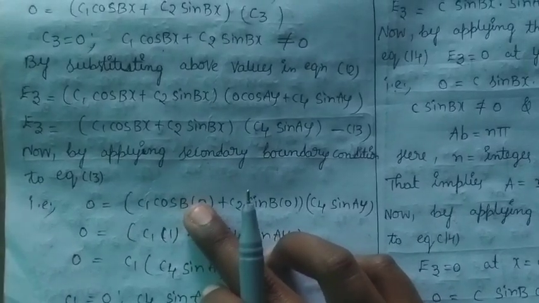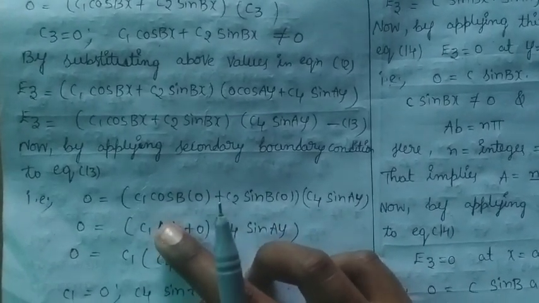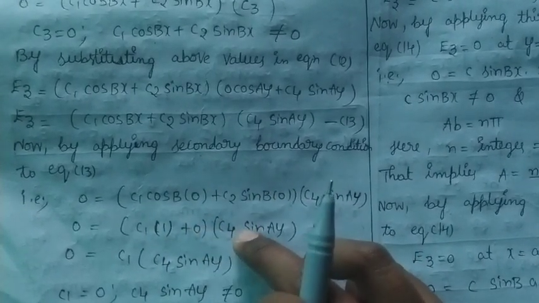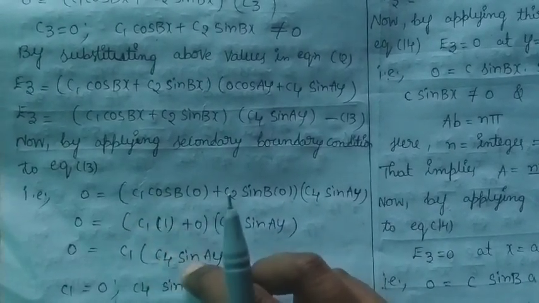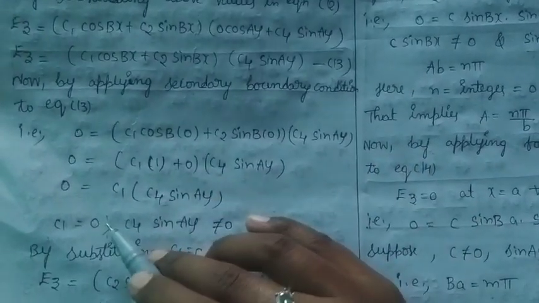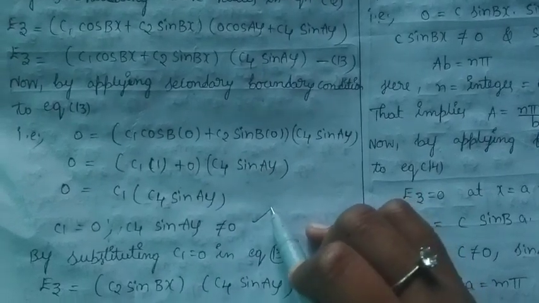Here cos 0 value is 1, and sin 0 is 0. So 0 is equal to c1 times c4 sin ay. Now c1 is equal to 0 if sin ay is not equal to 0.